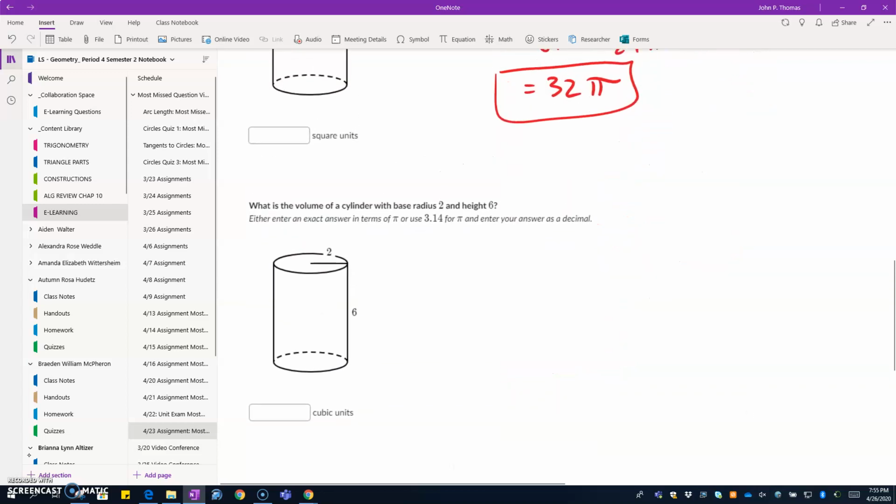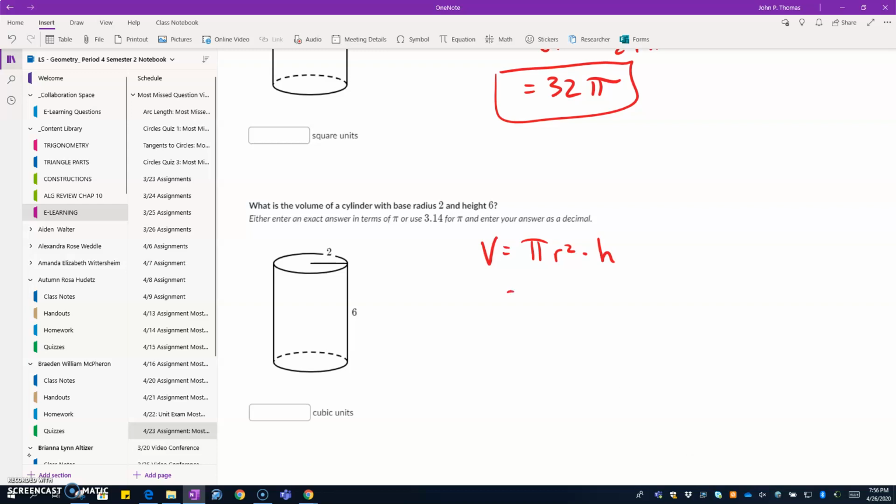Now, the last one that was a most missed one was a volume problem. Volume is actually easier for these. When we have volume of a cylinder, we're going to take the area of the base, which is pi r squared, and then think of stacking up h of those. We're adding up h of those up to the top, so we're saying times h.